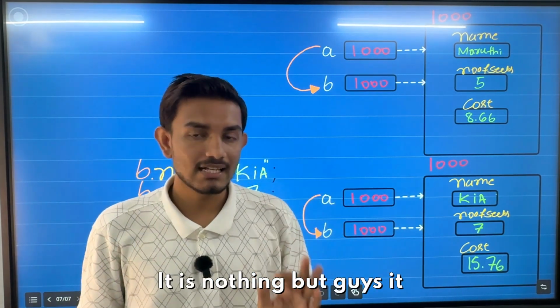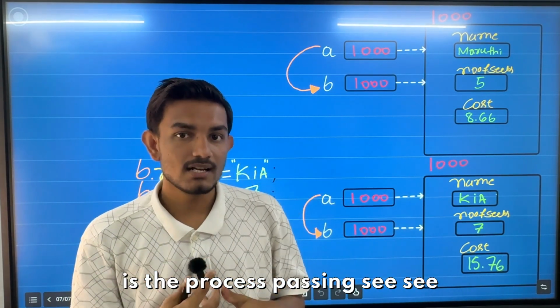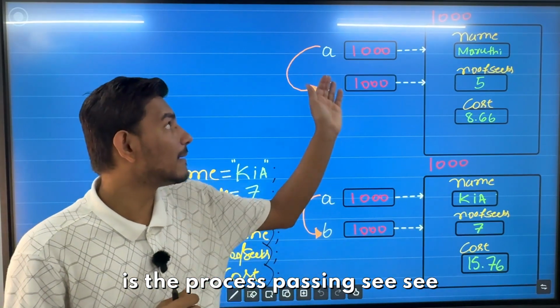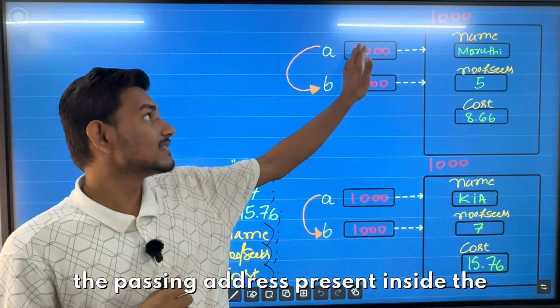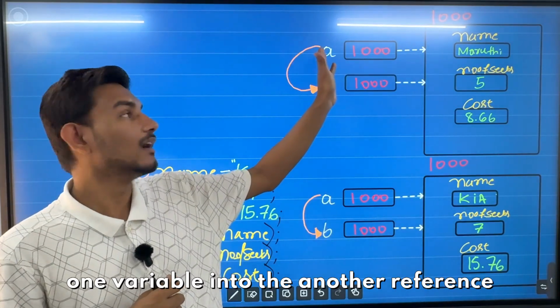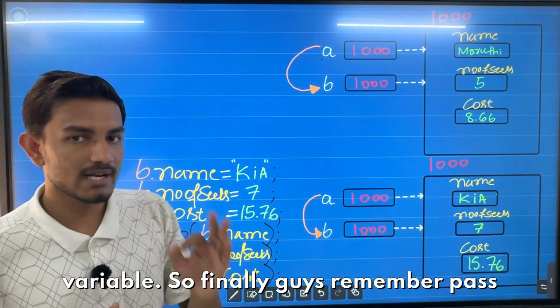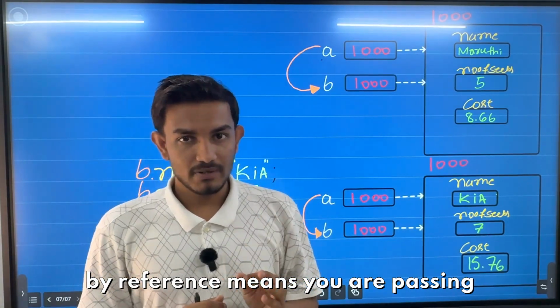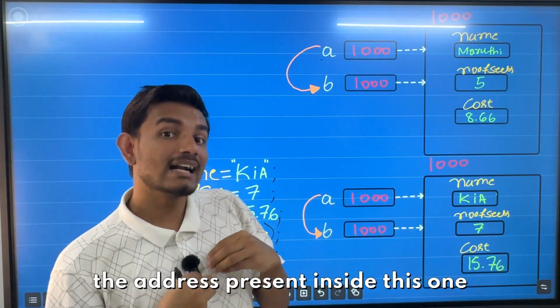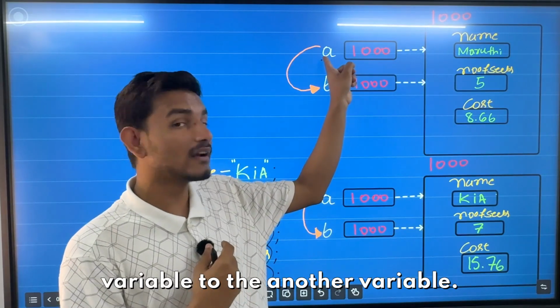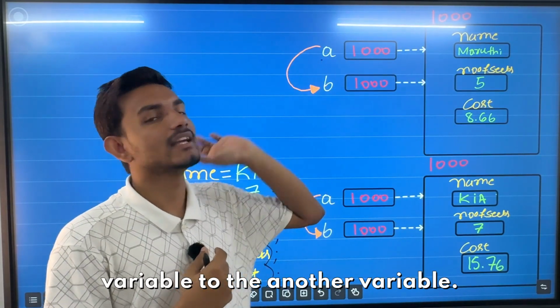It is nothing but the process of passing the address present inside one variable into another reference variable. So finally, guys, remember, pass by reference means you are passing the address present inside one variable to another variable.